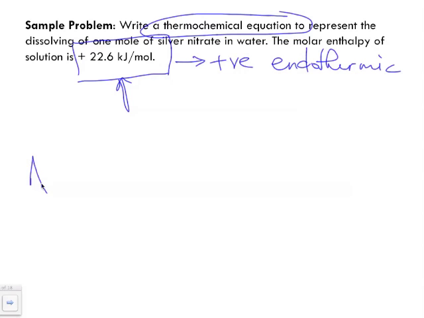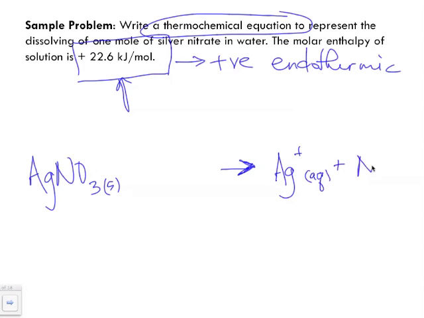So what do we have? Well, we've got AgNO3, and it's a solid. So silver nitrate as a solid in water will form aqueous silver and it will form aqueous nitrate. However, one more part is missing.